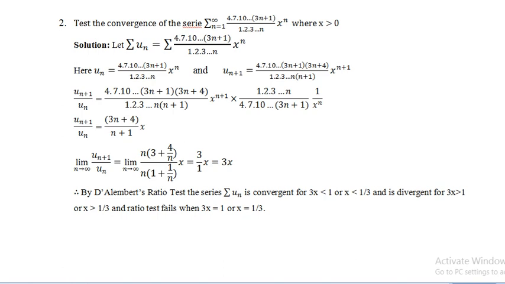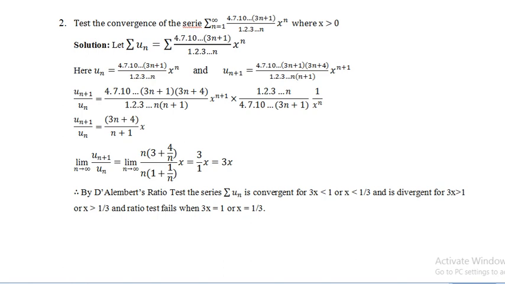The series is already given in n format, so we take the given series as u n. Next we require u n plus 1.